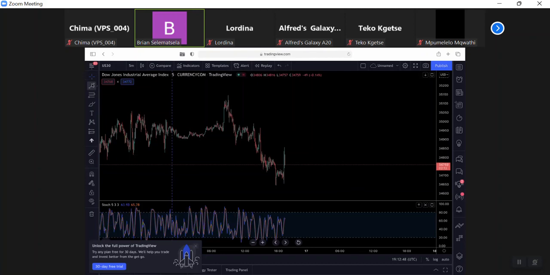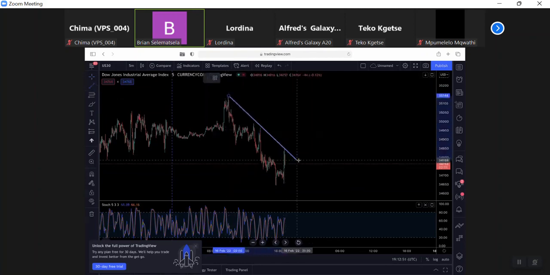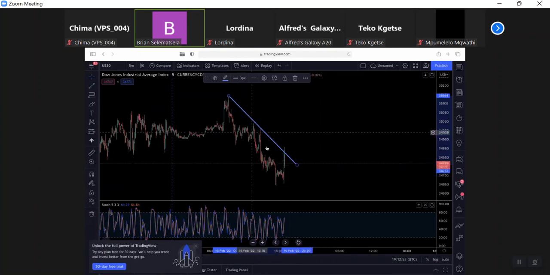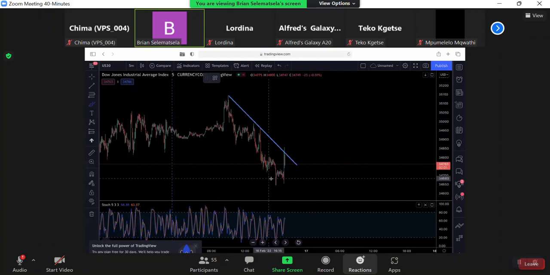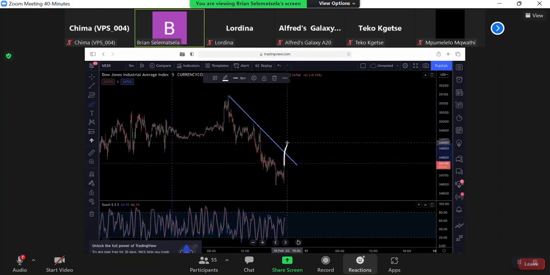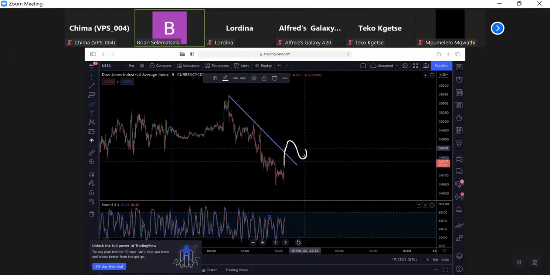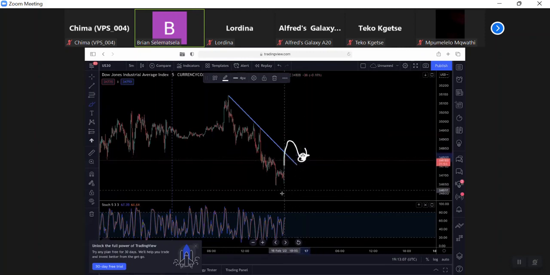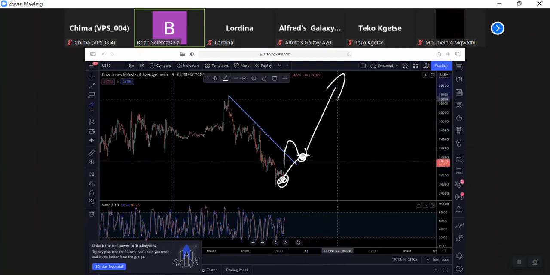There was a very clear footprint here, and the market hasn't closed above here. So the best thing we can do is wait for it to close above so that we can spot divergence between this point and that point, and take it up like that.